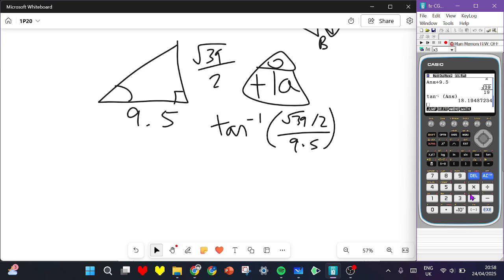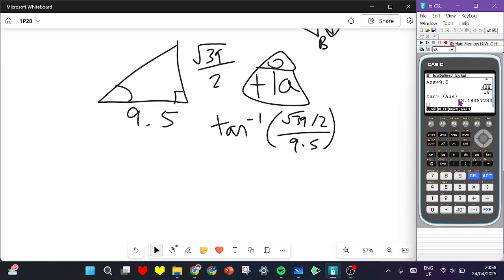Oh wait, this one's in degrees. Do I know how to switch it? I don't know how to switch it. Okay, no. I'm just gonna use my calculator, but my calculator's got it in radians.